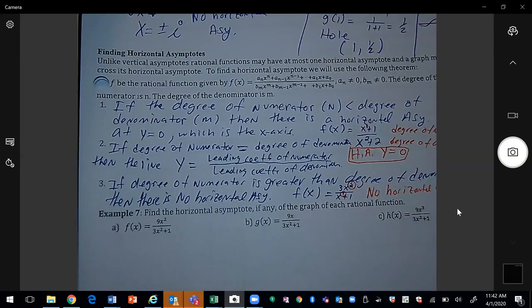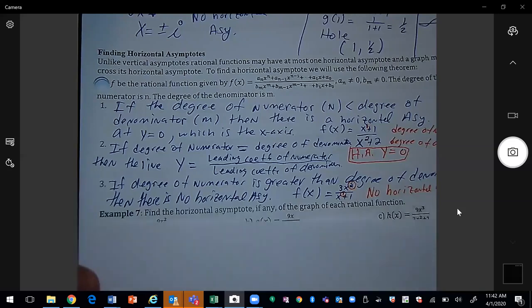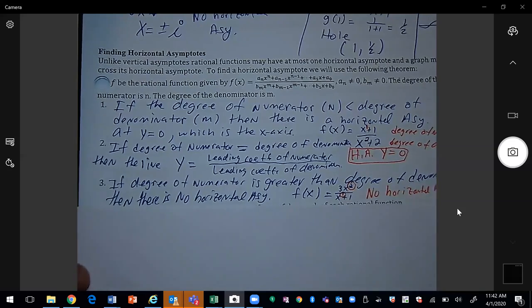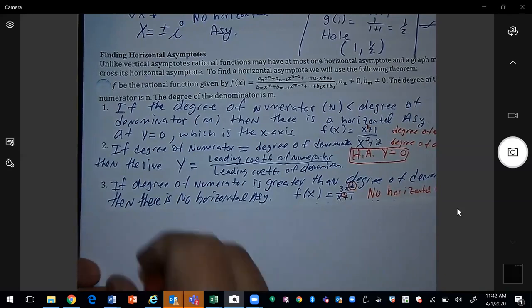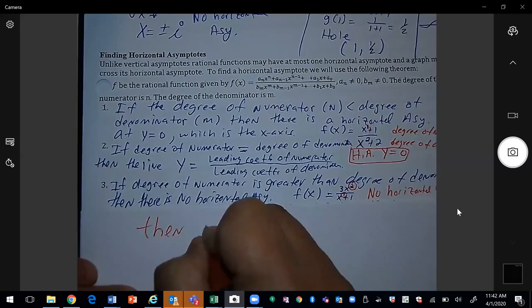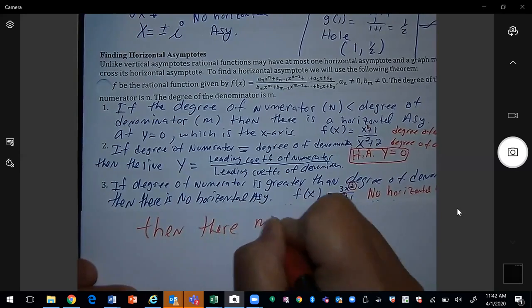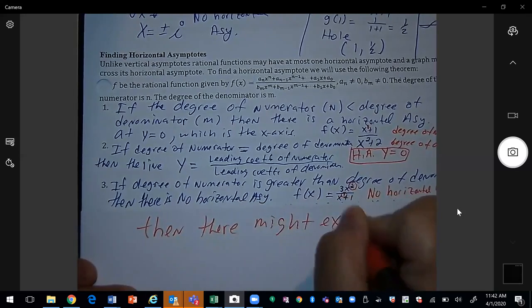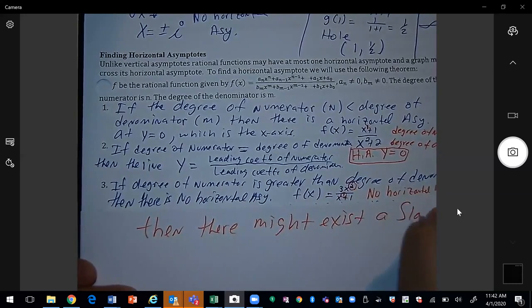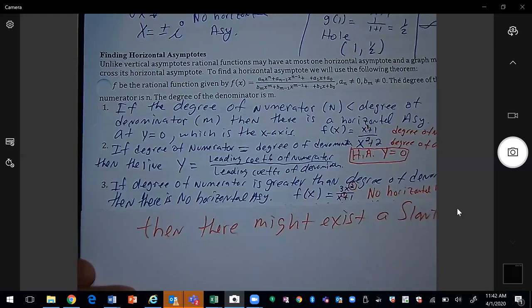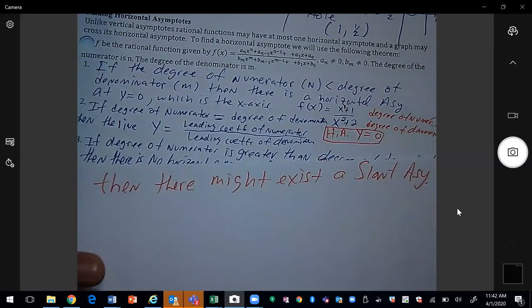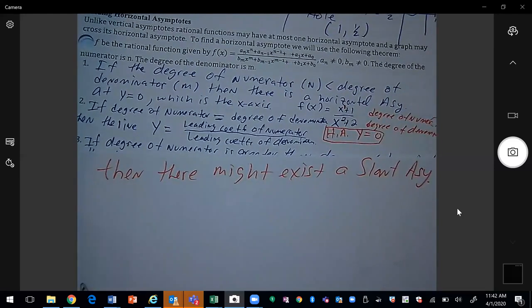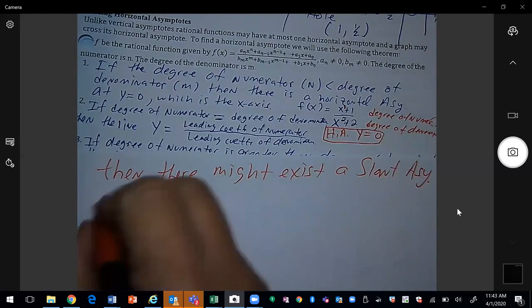And let me add to that statement here. So if there's no horizontal asymptote, then there might exist a slant asymptote. And the way we know if there's a slant asymptote is as follows.